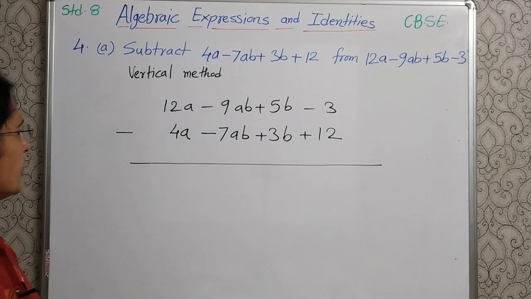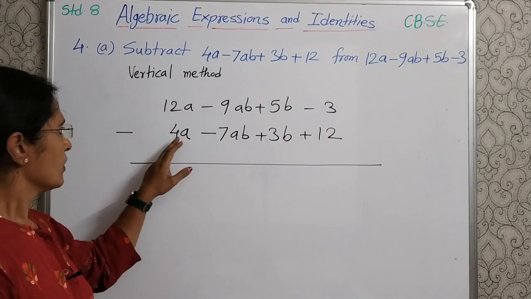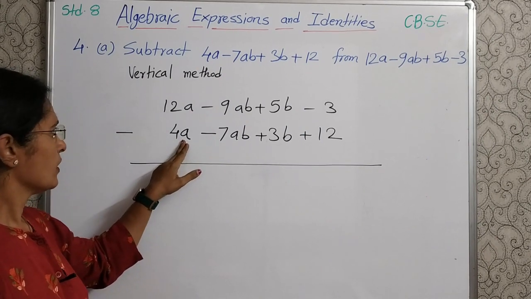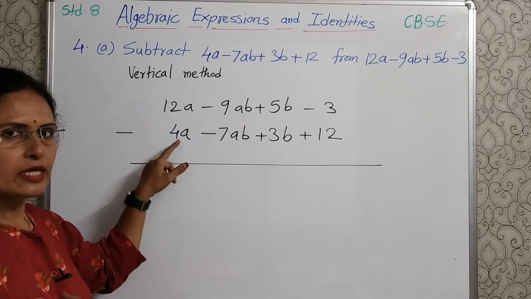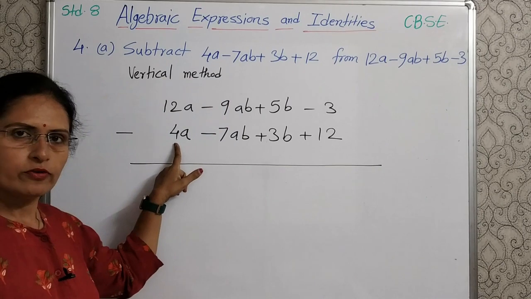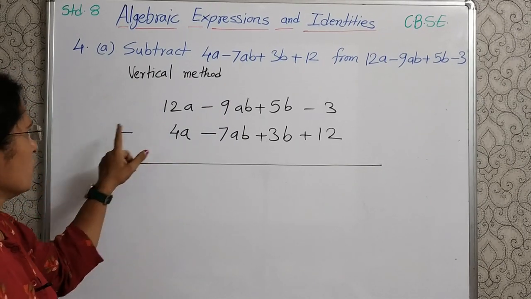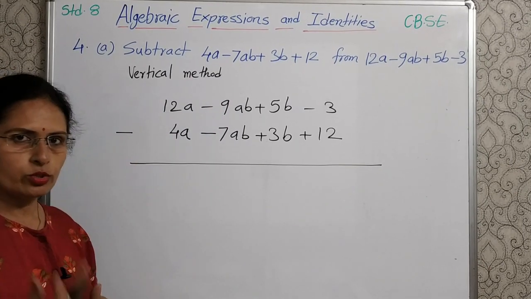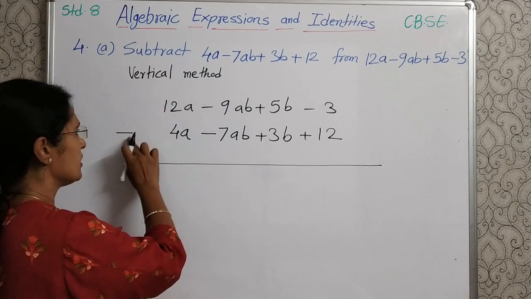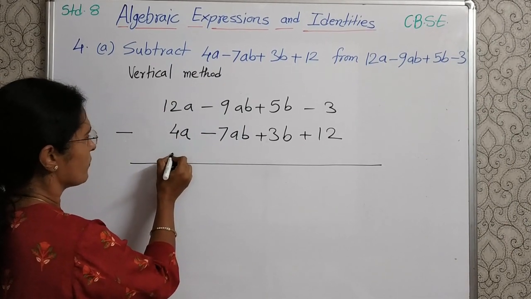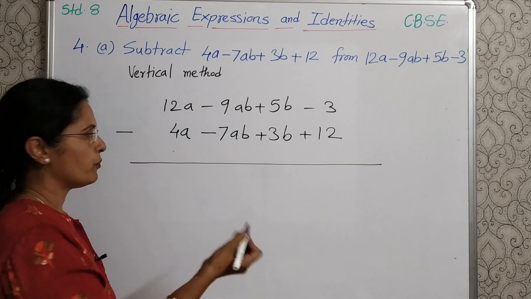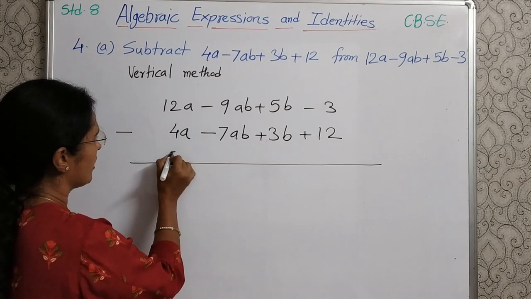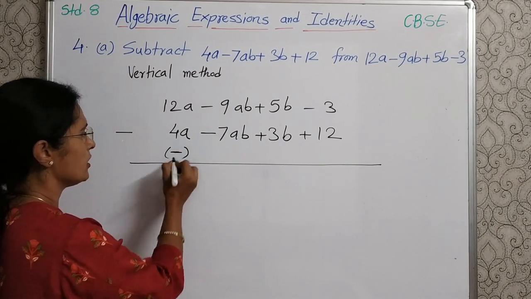Now you know that subtracting 4a from 12a means adding the opposite of 4a. So we'll change this subtraction into addition. Subtracting positive 4a means adding the opposite of positive 4a, which is negative 4a.